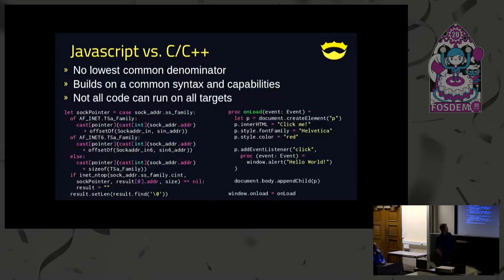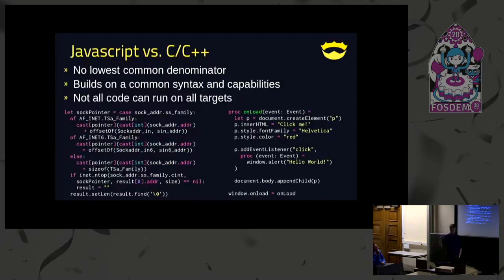So really, this is an example of two pieces of code, both in NIM. On the right-hand side, we have some JavaScript stuff, just interfaces with the regular document, create element, onload, regular JavaScript stuff. On the left side, you have some of my horrible code from a work project that interfaces with sockets and stuff on an SE library.